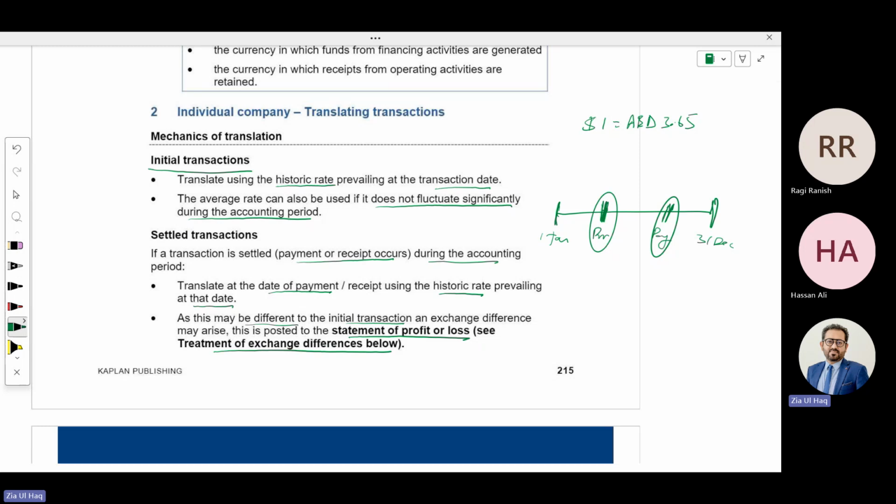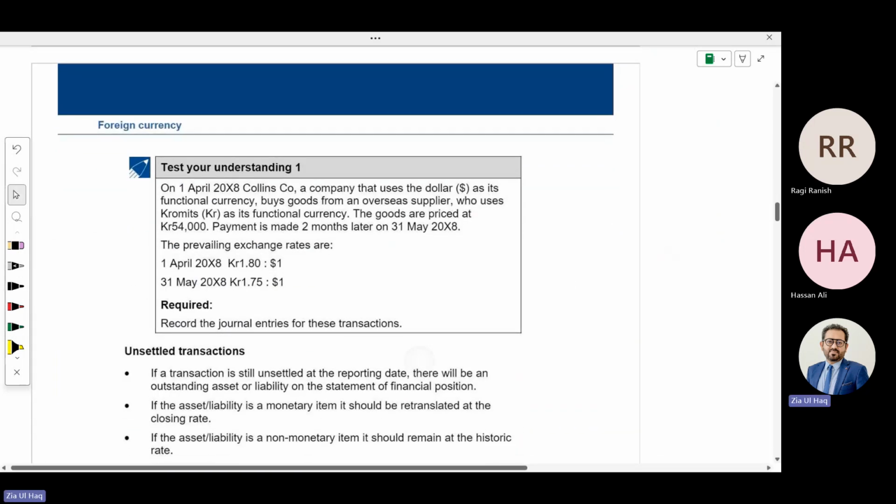At the settlement date, we need to use the historic rate. But if there is any gain or loss due to different exchange rates at the transaction date and settlement date, that should be charged to the profit and loss account for an individual company. Okay, that's your understanding one.